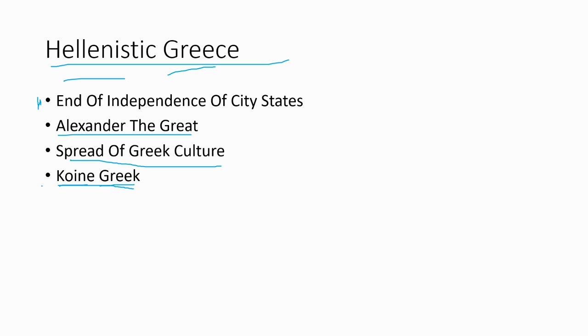So if you were to learn Coptic, Coptic has tons of words from Koine Greek in it. The New Testament is written in Koine Greek. A lot of later works in Greek are written in Koine Greek. And so this was a ubiquitous means of expression for people all throughout the Mediterranean.